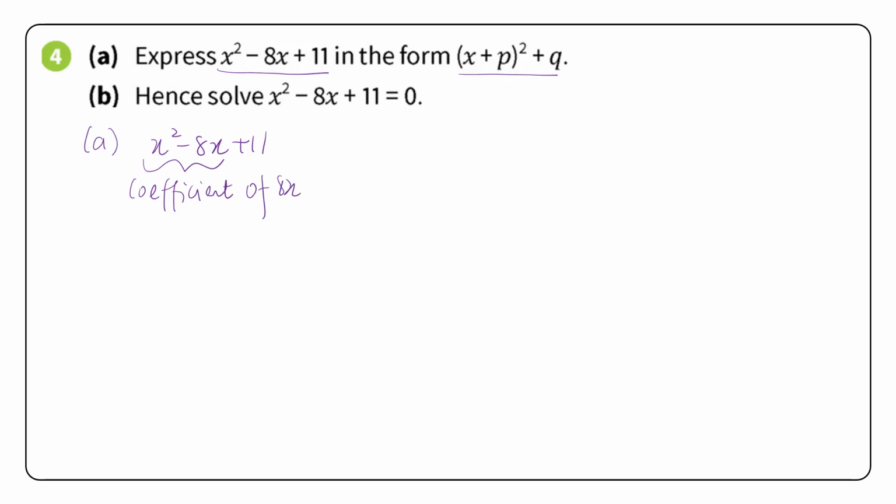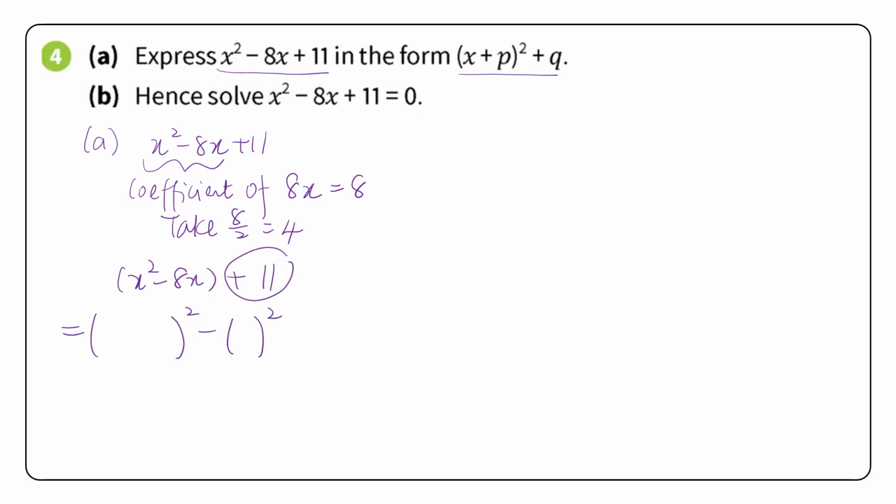So the coefficient of 8x will be 8. Right, so we take 8 divided by 2 gives you 4, right? So that will be something squared minus something squared, right? And then not to forget your constant term, continue writing.